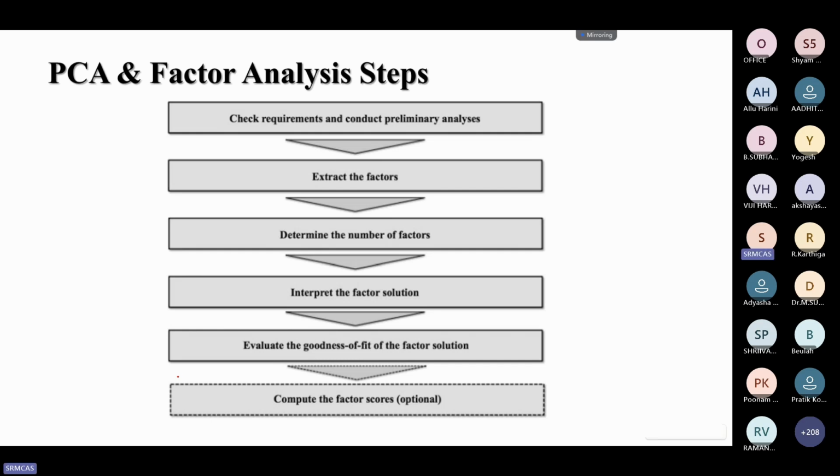First, we have to check the requirements and conduct preliminary analysis, whether related to the data or variables, then extract the factors, and consequently determine the number of factors, interpret the factor solution, and evaluate whether the extracted factor solution fits or not, and finally compute the factor scores. Okay, so let's see all these steps one by one.